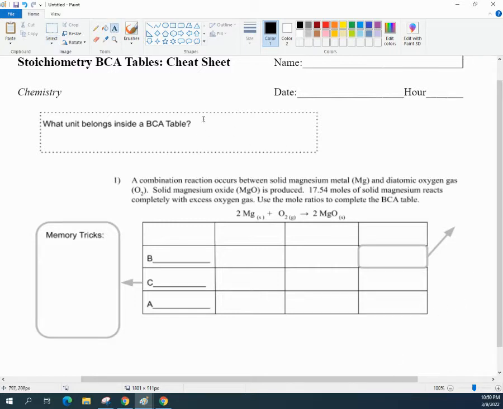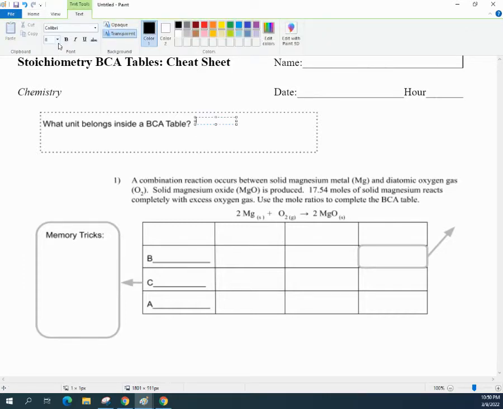First things first, what unit belongs inside a BCA table? And the answer to this is only moles. Moles only, forever and ever. If you put anything else other than moles inside this table, you're going to have a bad day. Whenever you are converting, if you are given grams, convert to moles.